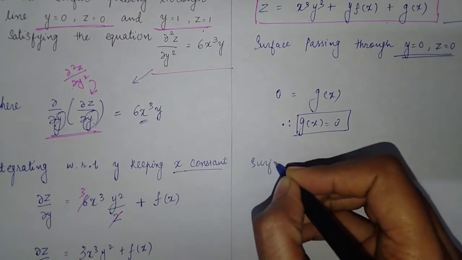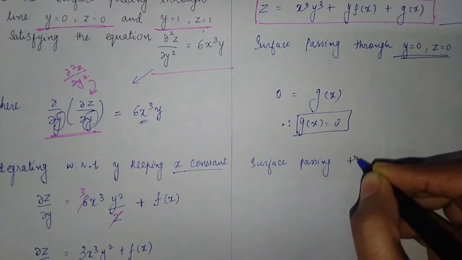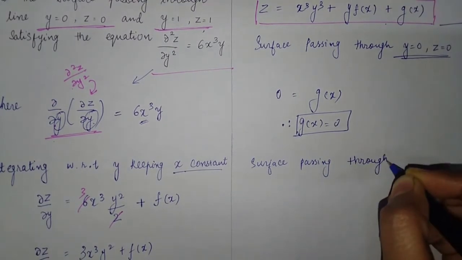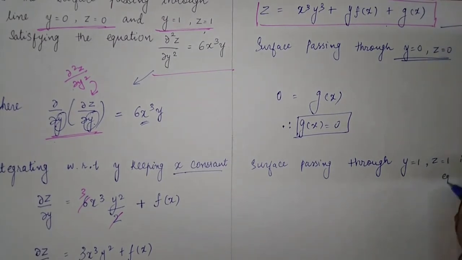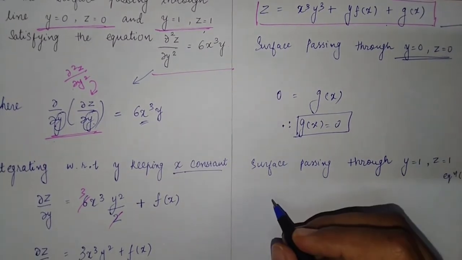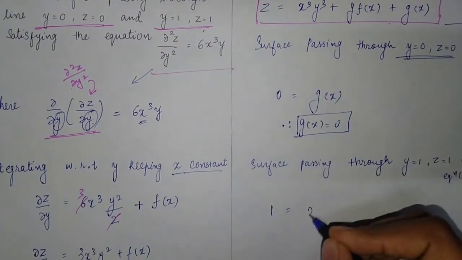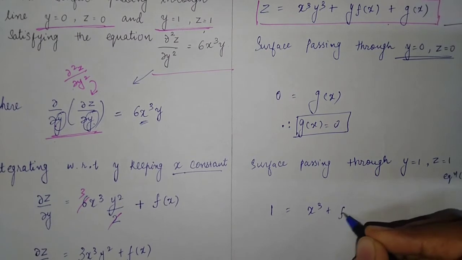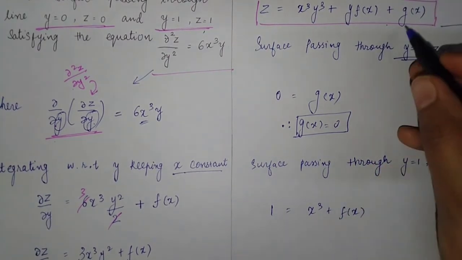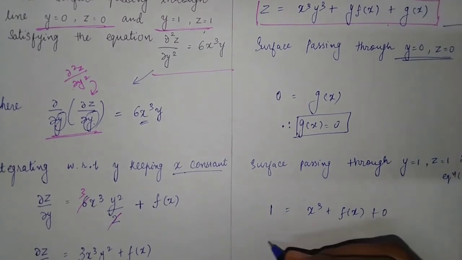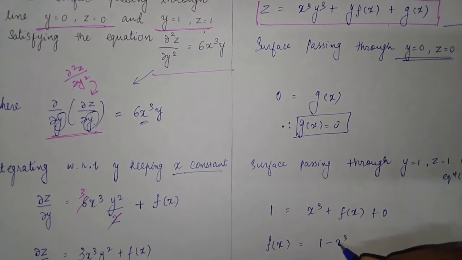So surface passing through y equal to 1 and z equal to 1 in equation 1. Then we will get, if we put z equal to 1, then y is also 1, so x cube plus f of x. And what is the value of g of x? 0. So here we will get 0. So we will get the value of f of x, that is 1 minus x cube.